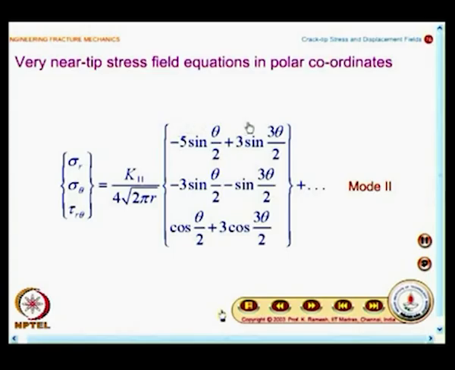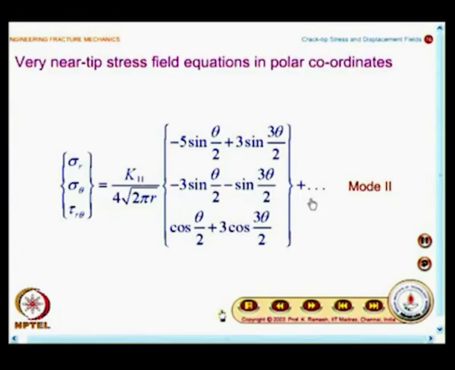This is for sigma r, and for sigma theta the function is minus 3 sin theta by 2 minus sin 3 theta by 2, and you have for tau r theta cos theta by 2 plus 3 cos 3 theta by 2.